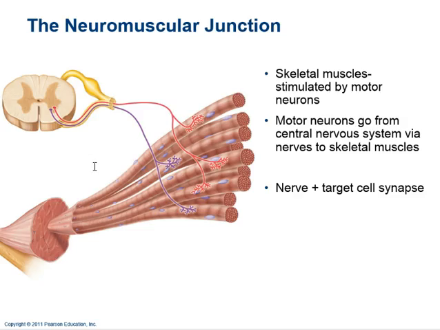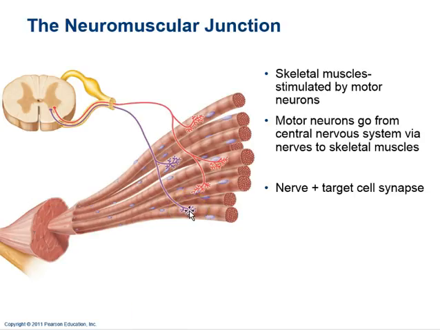Alright, so the neuromuscular junction is where a motor neuron meets a muscle cell, and this is specific for skeletal muscle. So your skeletal muscles are controlled by motor neurons. These are them right here. They arise either in the spinal cord or in parts of your brain stem, and they extend through peripheral nerves either to skeletal muscles or through cranial nerves that come out of your brain and brain stem, and then end at different skeletal muscles.